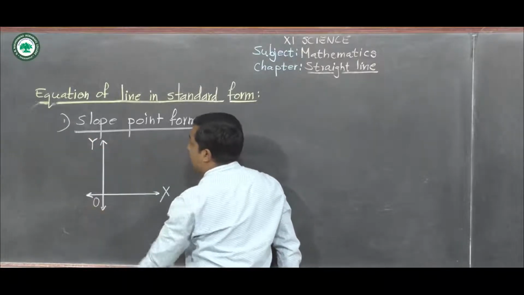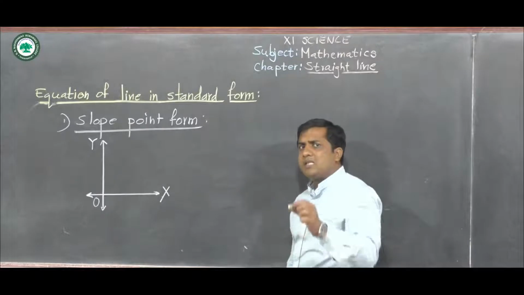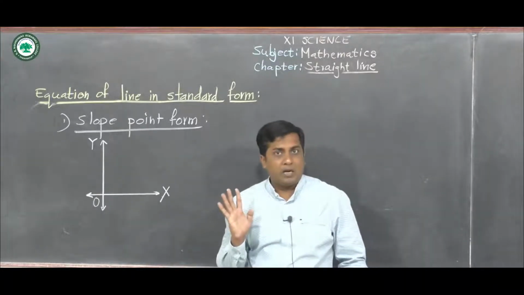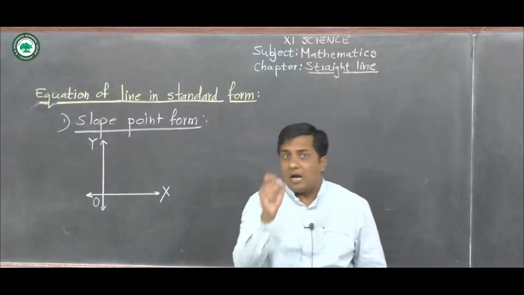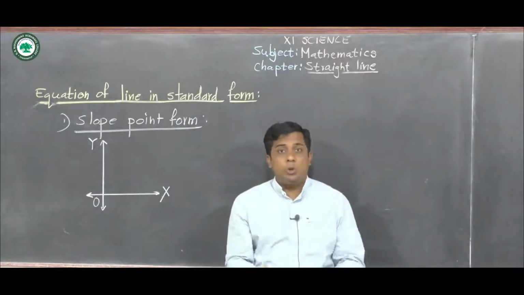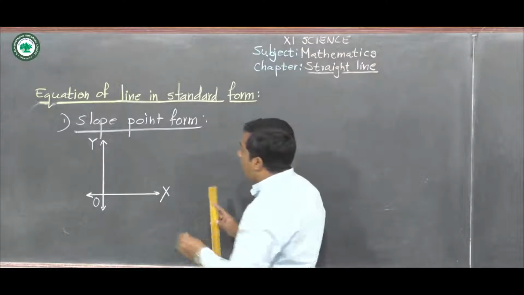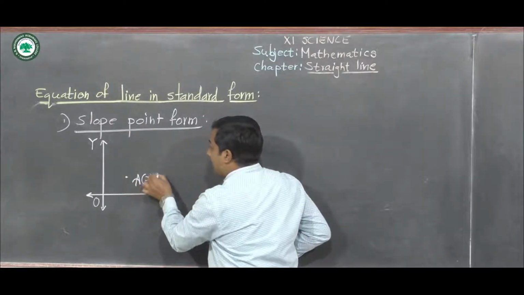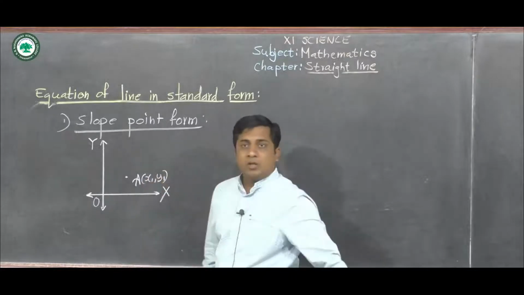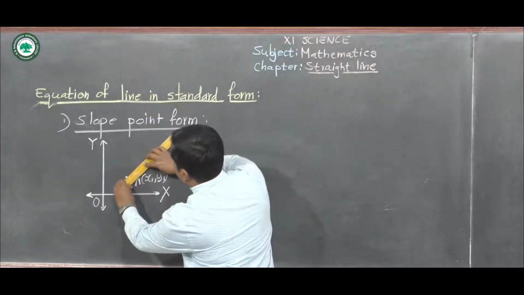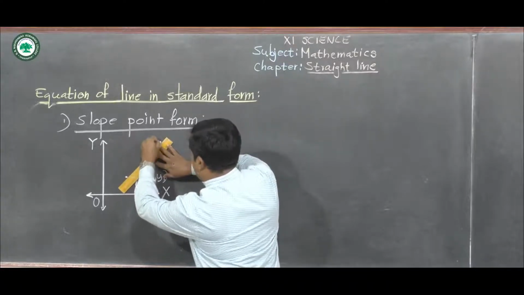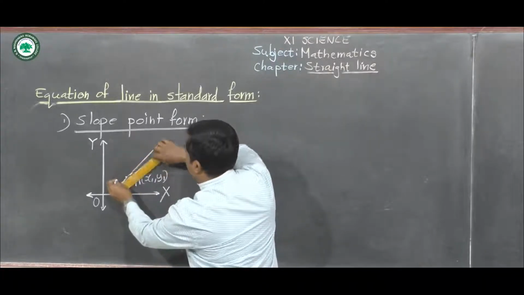Here the origin is at O. We consider a line which passes through one point. Suppose this is our point A, having coordinates x1, y1, and our line passes through this point A. Suppose our line is like this.